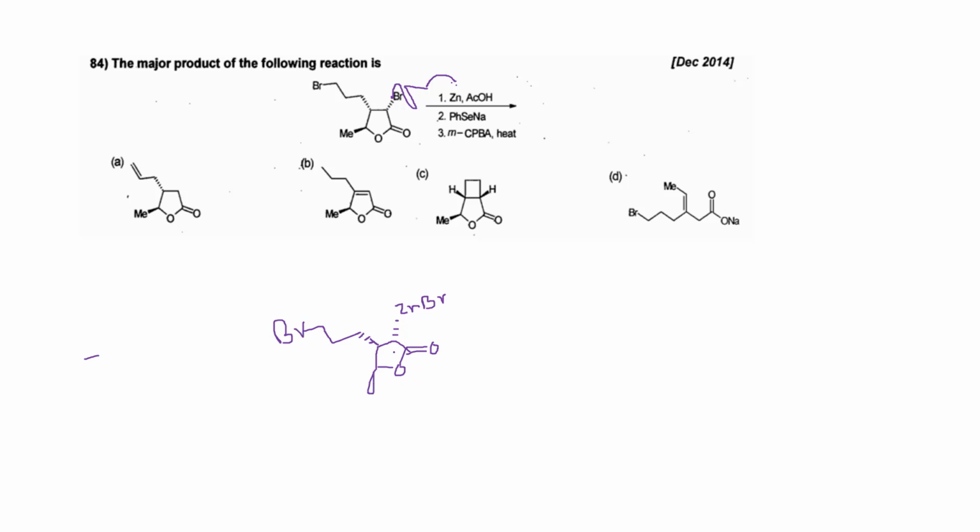So there is a delta negative charge on carbon. As zinc is a metal, it will be delta positive.